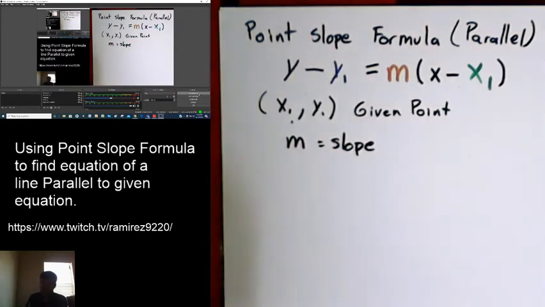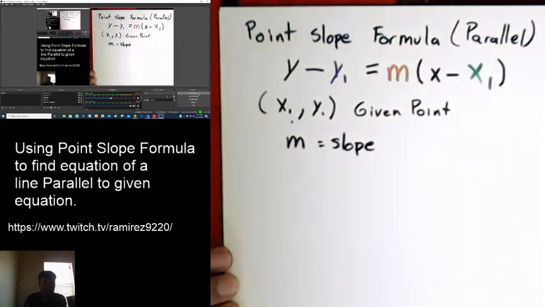Now what I'm going to be doing right now is focusing on the ones that are parallel, and I'm going to be posting a video for the ones that are perpendicular later.